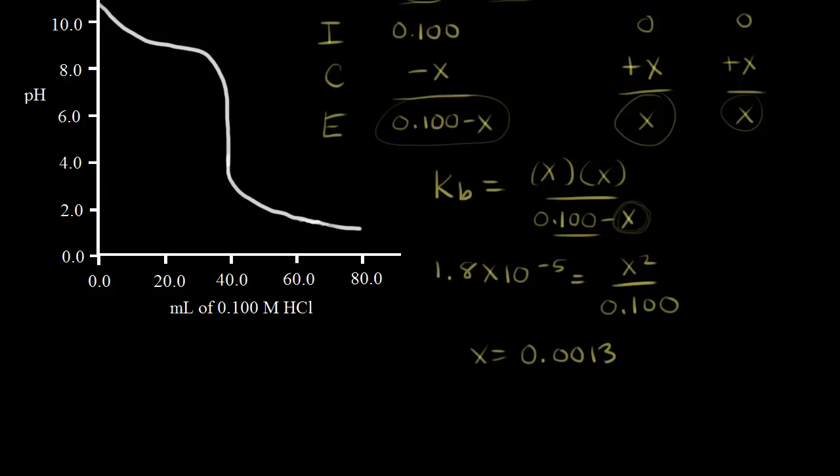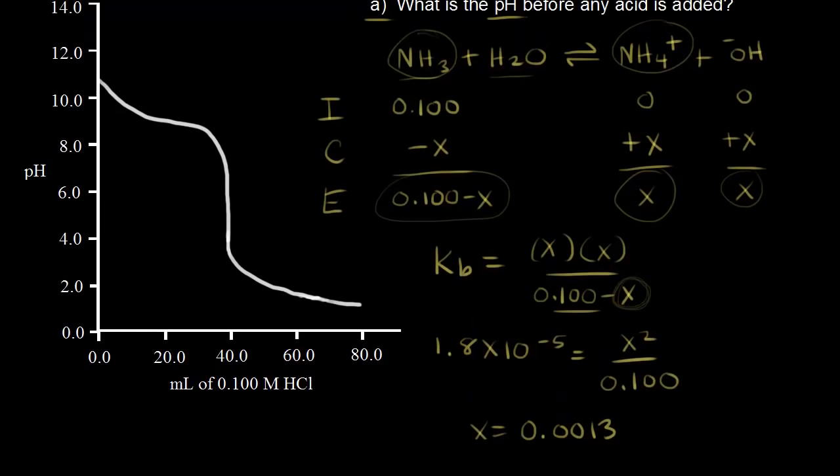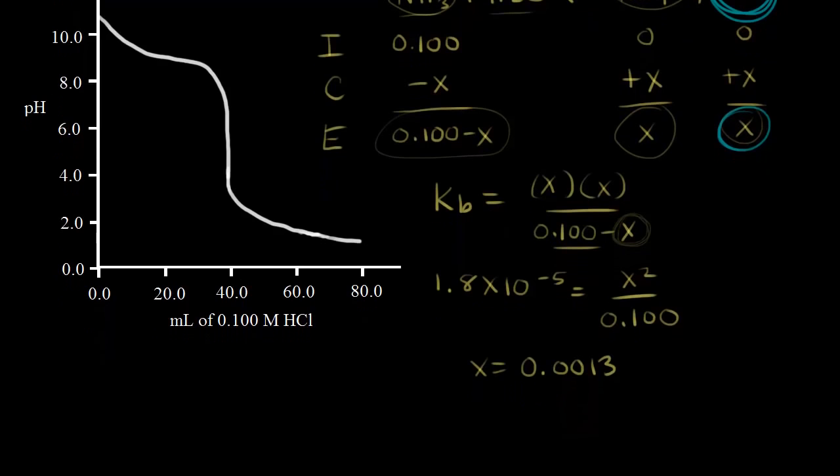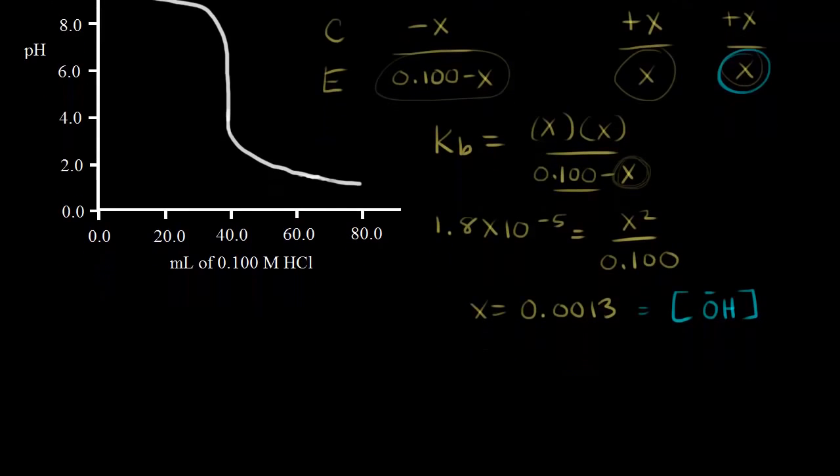And if we go back up here, we can see that X represents the concentration of hydroxide ions at equilibrium. So let me go ahead and write that here. This is equal to the concentration of hydroxide ions. That's 0.0013 molar.